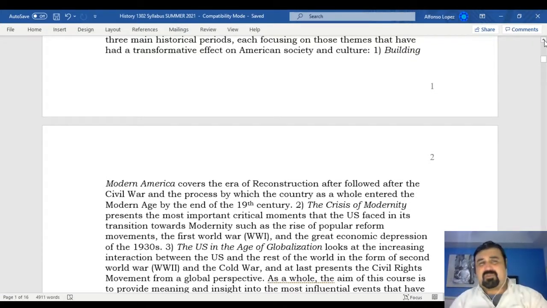For example, we're going to cover the rise of modern science, the scientific revolution of the 19th century that gave us things like electricity, the telephone, the telegraph, railroads, chemistry, modern medicine, and the like.